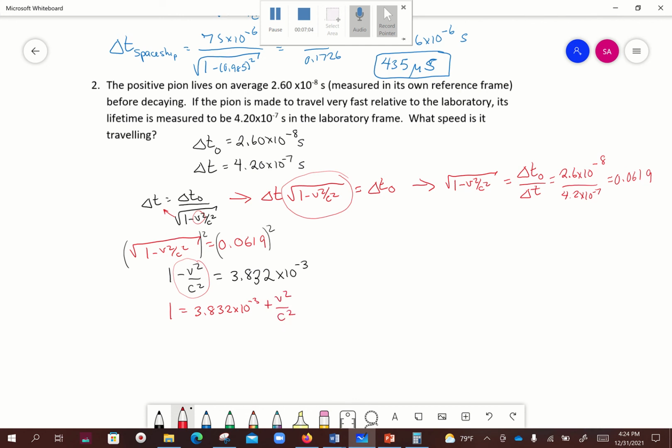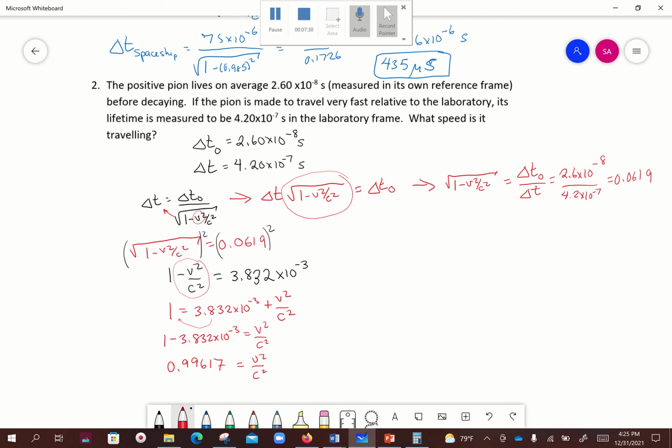Then to get the v squared by itself, I'm going to subtract that 3.83 term to the other side. All right, so now I've got 1 minus 3.832 times 10 to the minus 3 equals v squared over c squared. And that is 0.99617, which is pretty close to 1, equal to v squared over c squared.